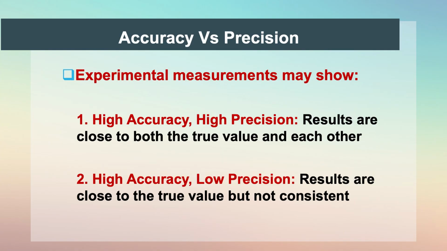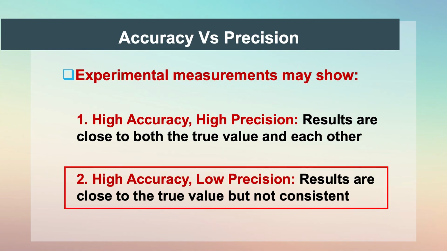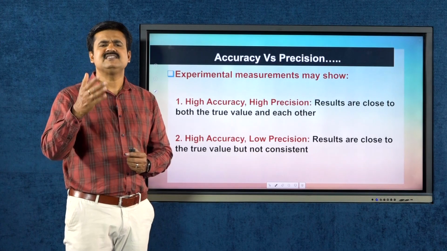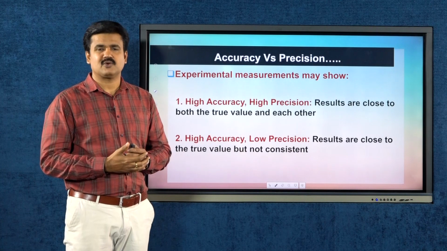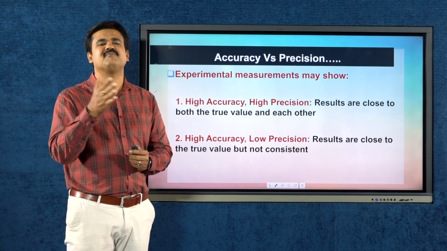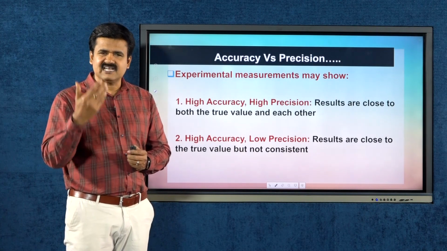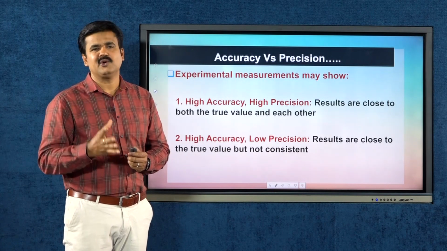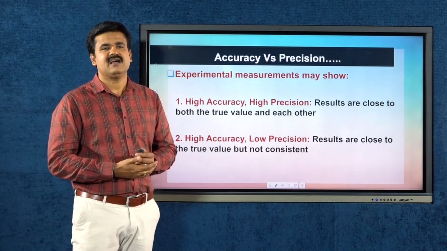Now, moving on to the second possibility, high accuracy and low precision. You took some measurements where the values are very close to the true value, but the results have some variation. So, in that situation, precision is low and accuracy is very high.